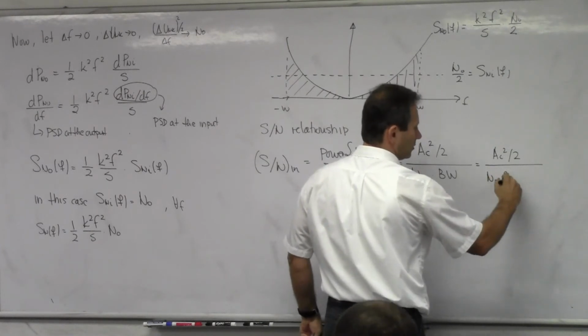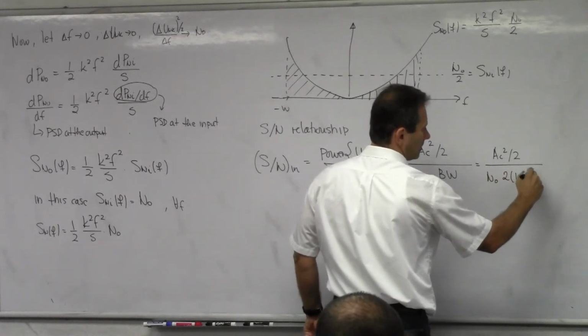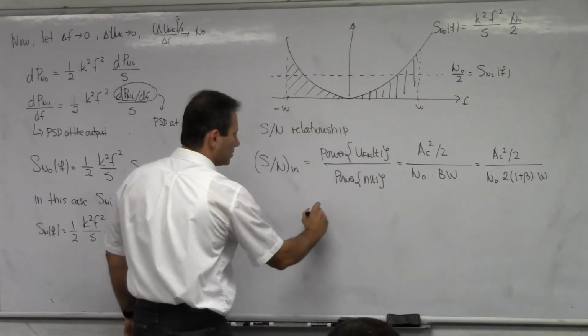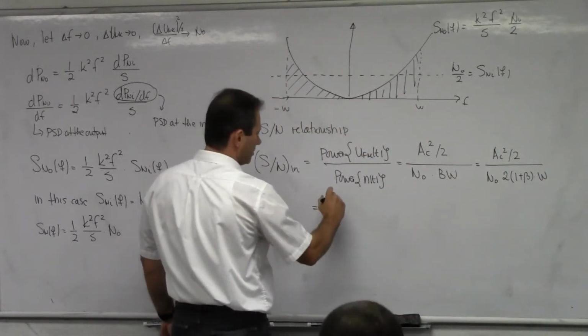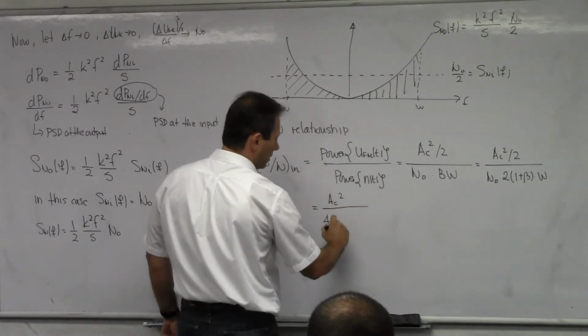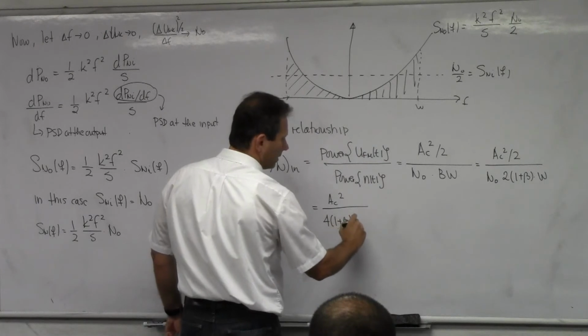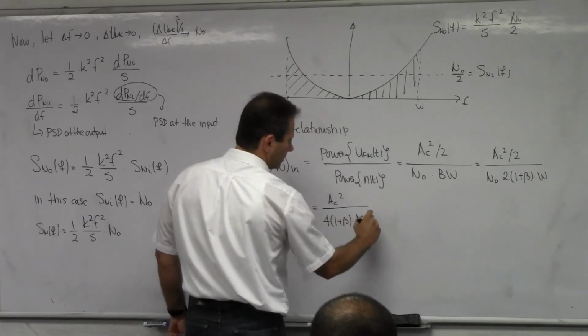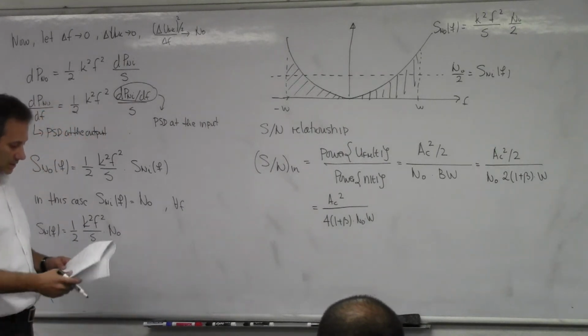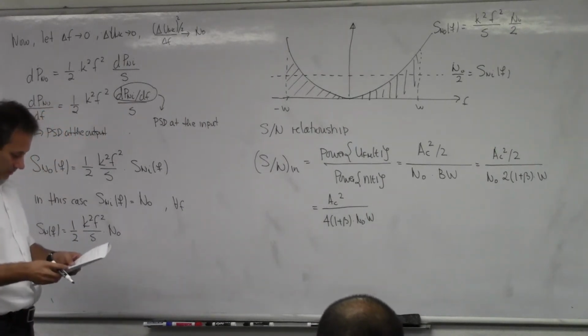What is the bandwidth? 2 times (1 plus beta) times W. So your signal to noise ratio at the input is going to be Ac squared divided by 4(1 plus beta) N0 W. Okay? So that's the signal to noise ratio at the input.